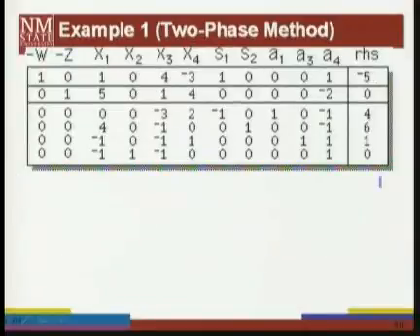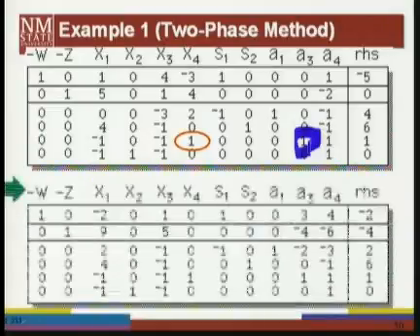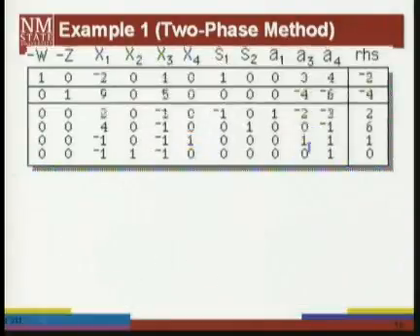And next, we enter x4 into the basis, replacing the variable which is the basic variable on that row. Okay? And then finally, the x1 variable enters the basis, replacing the A1 artificial variable. Okay?